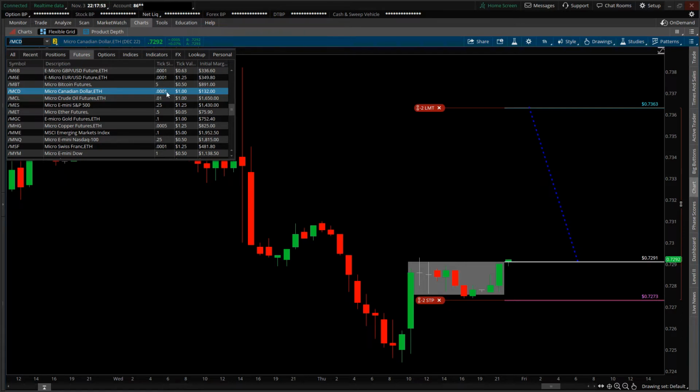Here, each 1/1000th move up or down is equal to $1. Considering I have two contracts, you just double this position. So for every 1/1000th of a penny move up, for this trade, it's a $2 profit, and vice versa, if it goes against me, it's a $2 loss.